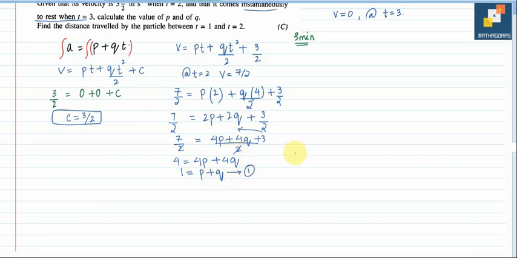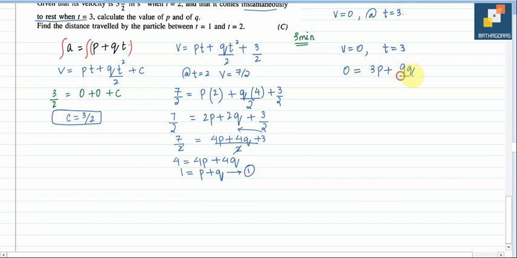For the next equation we are going to use when velocity is 0, so the value of time is 3, and we need to place the values in the equation. So it will be 0 equals t is 3, so 3p plus t square, 3 square is 9q divided by 2, plus 3 divided by 2.